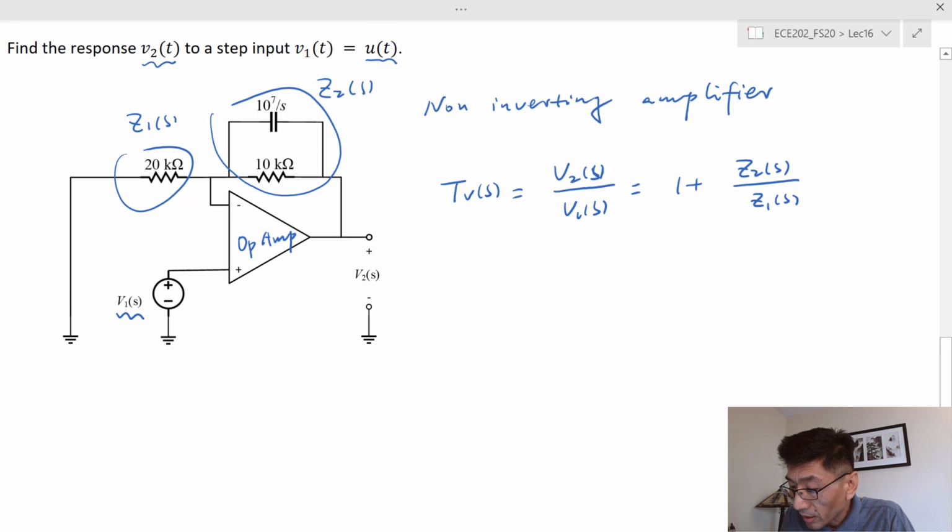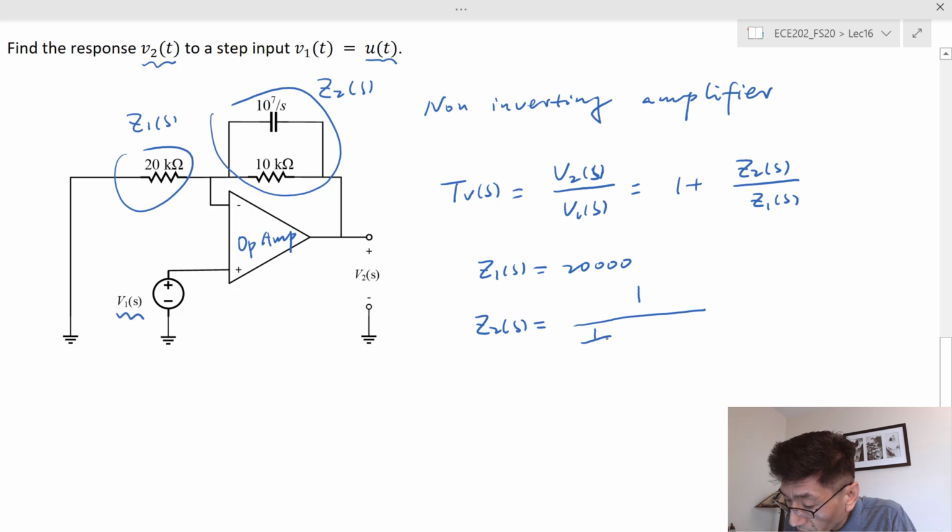In this case, we recognize Z1(s) is just equal to 20k, which is 20,000, and Z2(s) is equal to the parallel of these two impedances. Let's use 1 over the sum of the admittances.